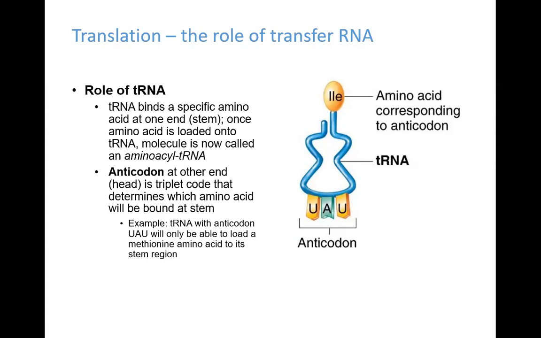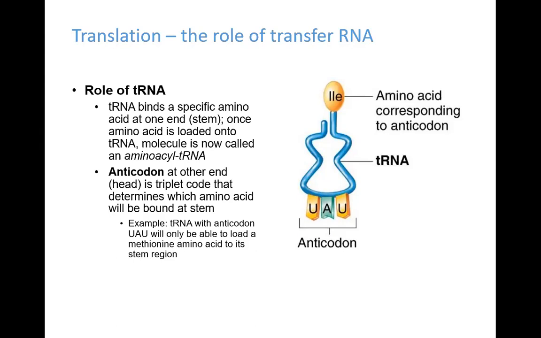Now, the messenger RNA is a complementary copy of the DNA, and that means that if the first base of the sequence in the DNA is a C, a cytosine, then the complementary base in the messenger RNA is going to be G, guanine, because remember, cytosine always pairs to guanine, and when we're dealing with RNA, adenine always pairs to uracil.